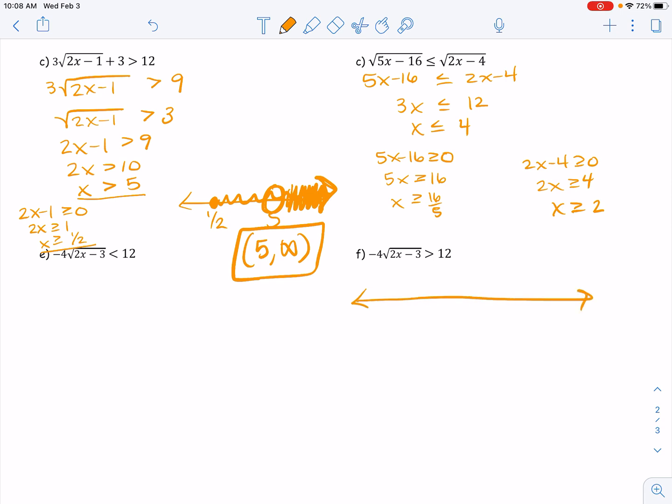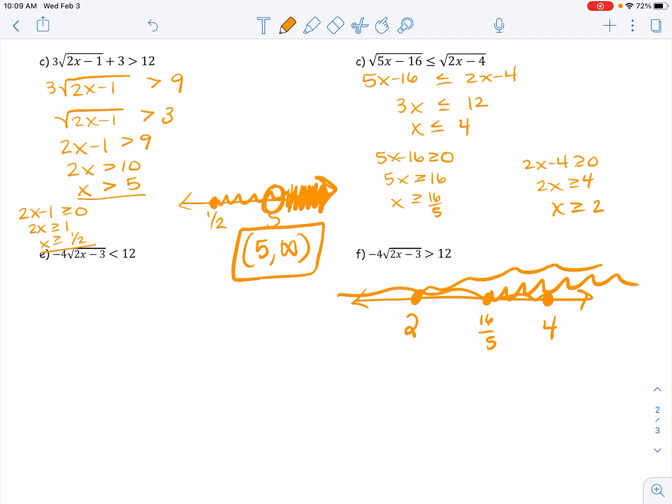So 16 over 5 is a little bit bigger than 3. So I have the 2, I have the 16 over 5, and then I have 4. x is less than or equal to 4. So everything over here. x is greater than or equal to 16 over 5. And then x is greater than or equal to 2.